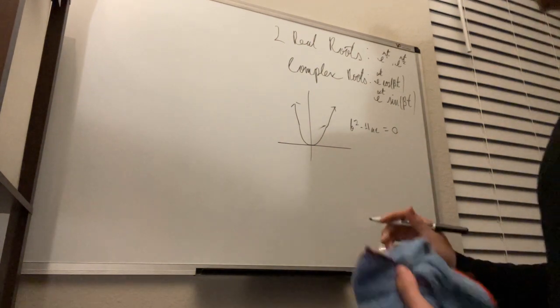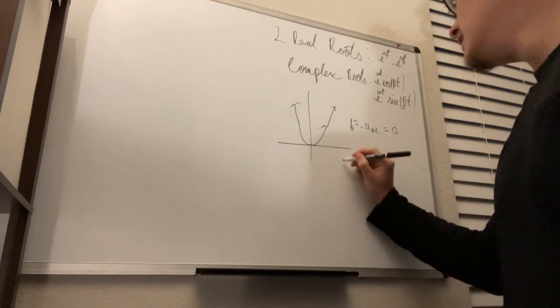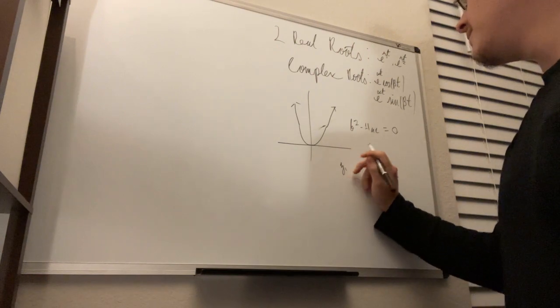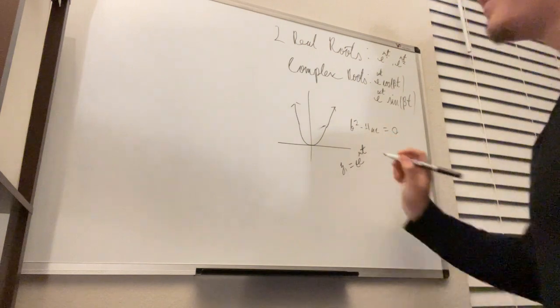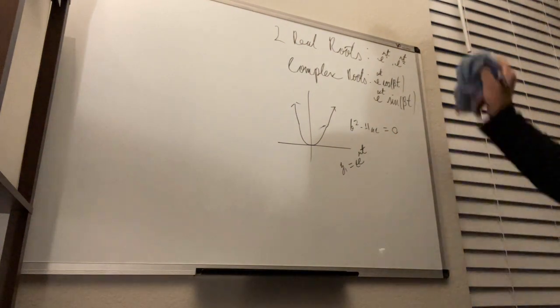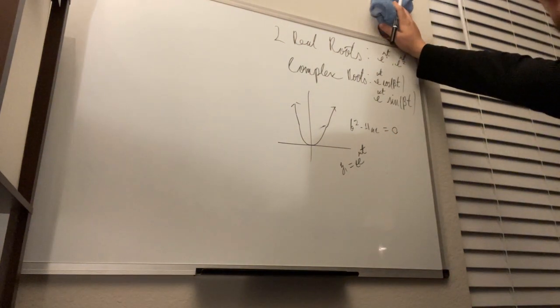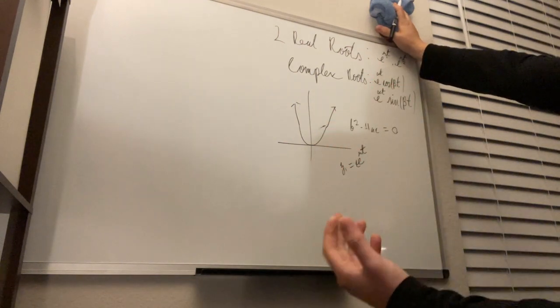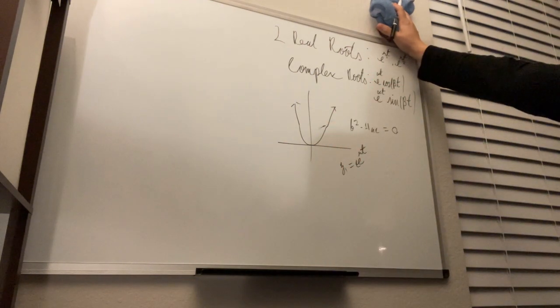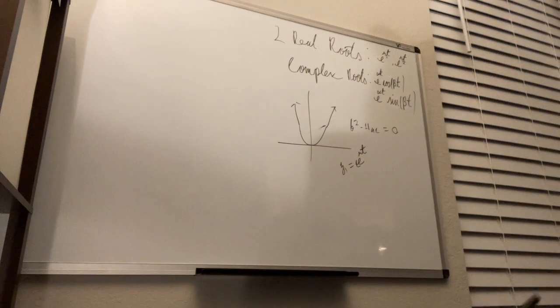Now, for the case of double roots, we can't have only one solution being ce to the rt, because the differential equation is second order, which implies that there are two constants. If you integrate once, you get an initial constant c, and then if you integrate again, you get another constant c. What we're going to do is smack a t right over here.